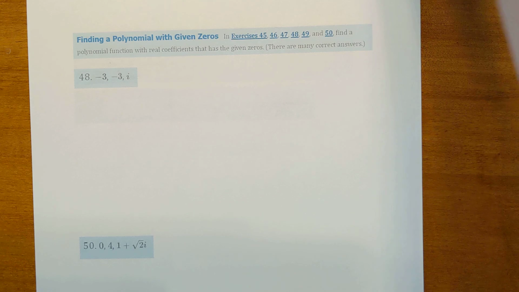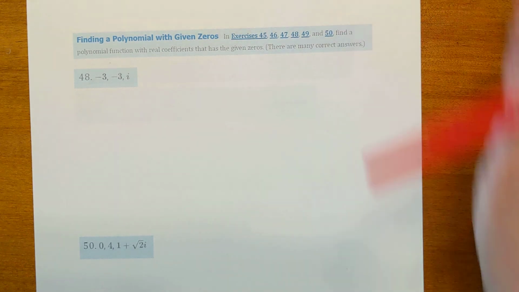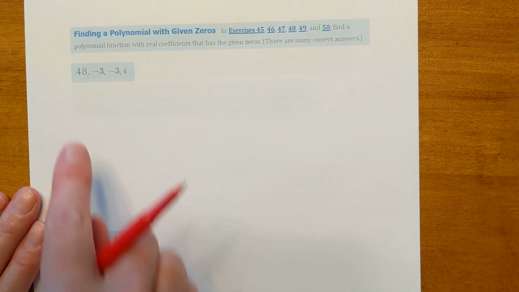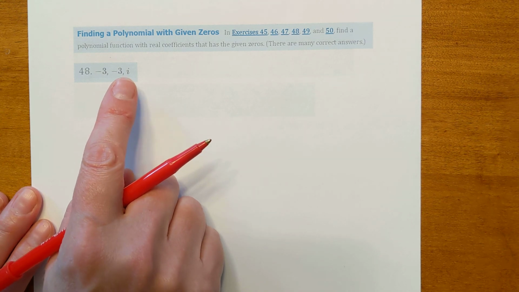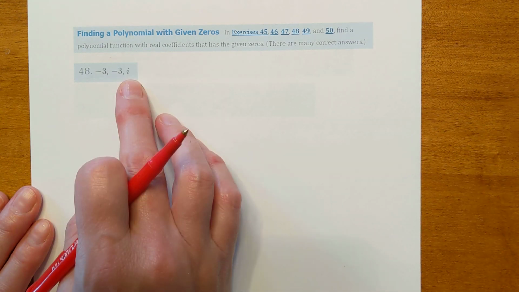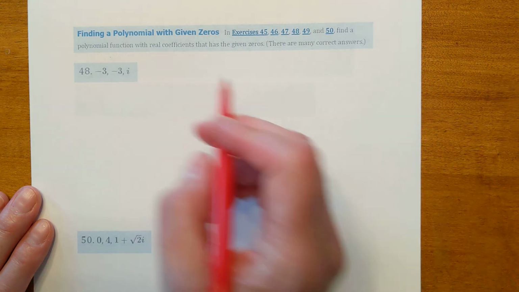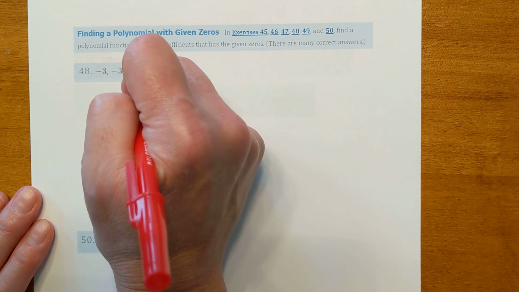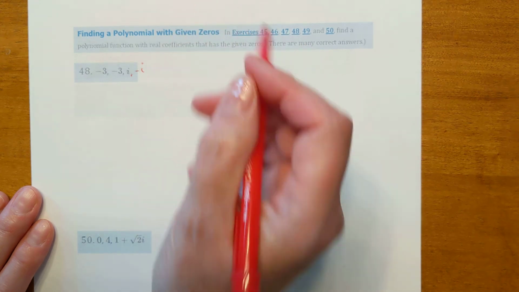All right, on the next page, it says, find a polynomial with the given zeros. So the zeros they gave us here were -3, -3, and i. And hopefully you remember back to the beginning of the lesson, if you've got one letter i, you've got the other i. And this is a plus i, so the other one would be a minus i.